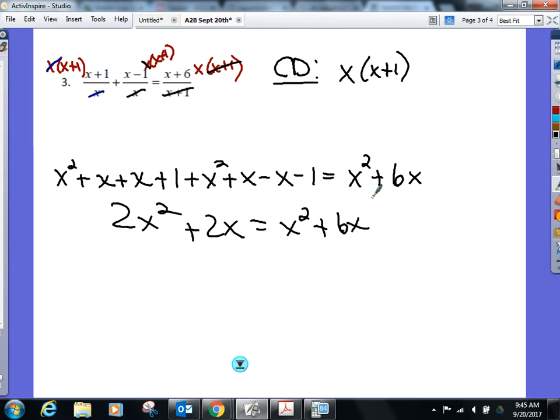First you put like terms on the same side, so you subtract x squared from the right hand side and subtract 2x from the left hand side, and then switch your side, so you get 3x squared equals 4x.